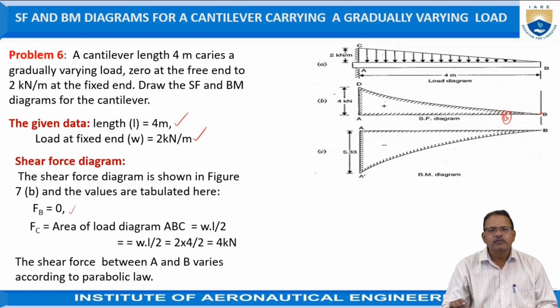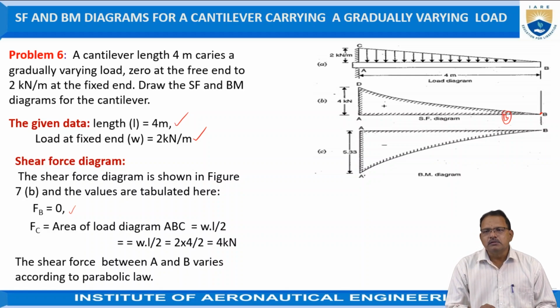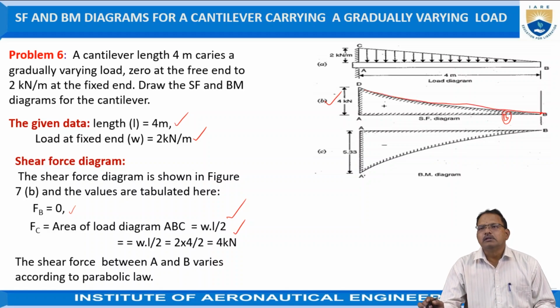Similarly, the shear force at the fixed end A is given by the area under this triangle, which is half into W into L, or WL by 2, which is equal to 4 kilonewtons. So you take this 4 kilonewton and draw these two points joined by a smooth curve. This curve is called a parabolic curve.